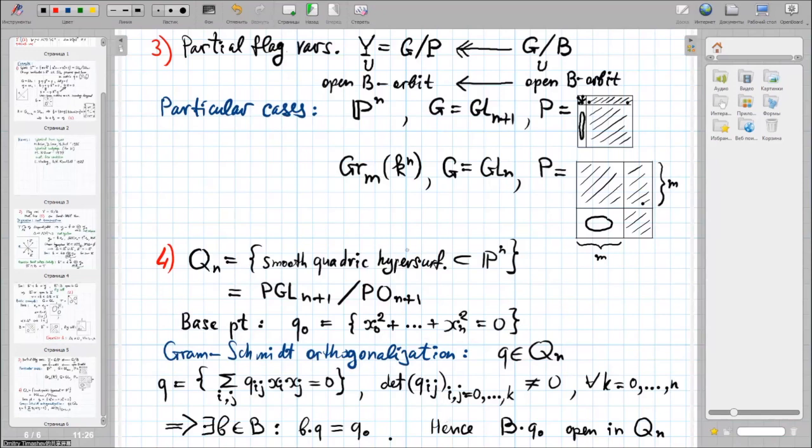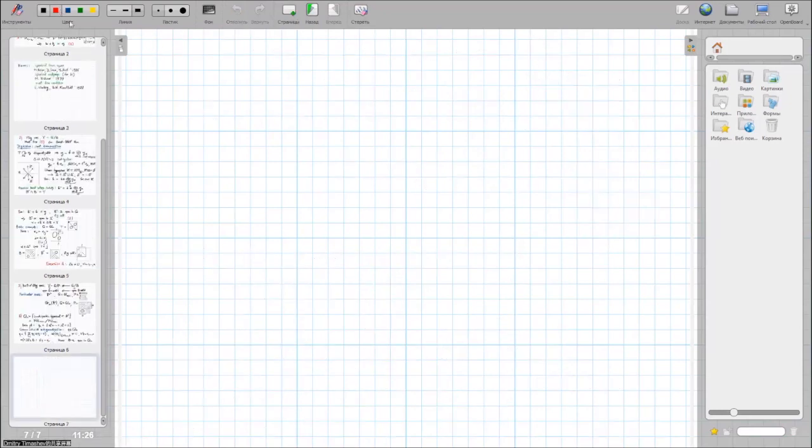And maybe the last example, example 5, will be the group G itself. So G is my connected reductive group. Let us take for the homogeneous space the group G itself.